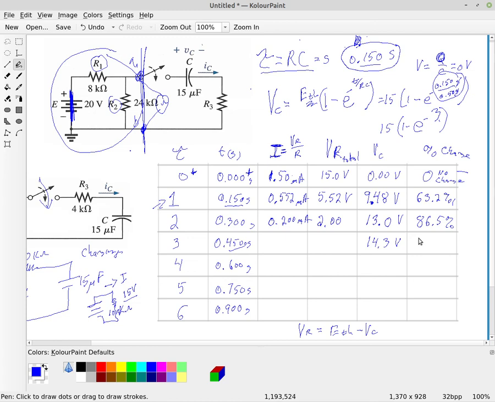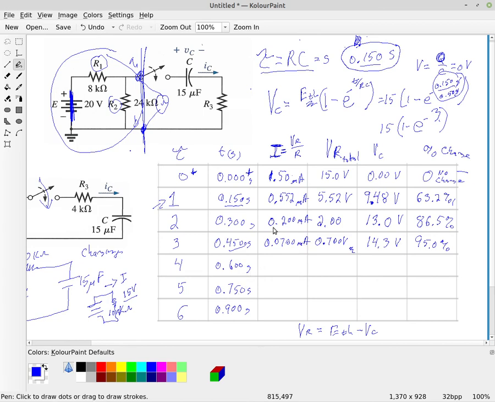And that gives us about 95.0% of full charge. So we're at 95% of our full charge. That leaves our voltage VR at about 0.7 volts, and so that gives us about 70 milliamps.